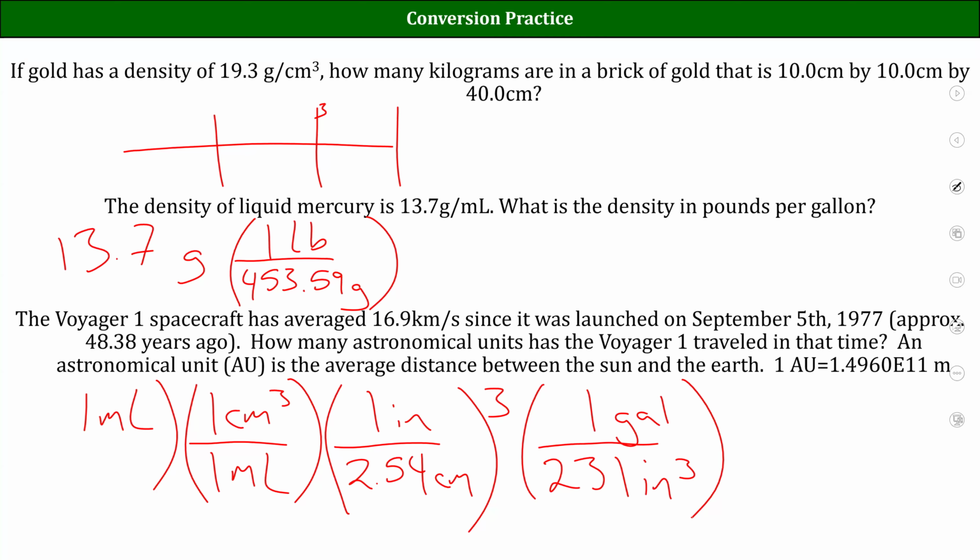And then we're going to take those numbers and just do the division. Right, because we're going to get a number in pounds over gallons, pounds divided by gallons, that's our density in new units. I think it winds up being something like 115, ish.